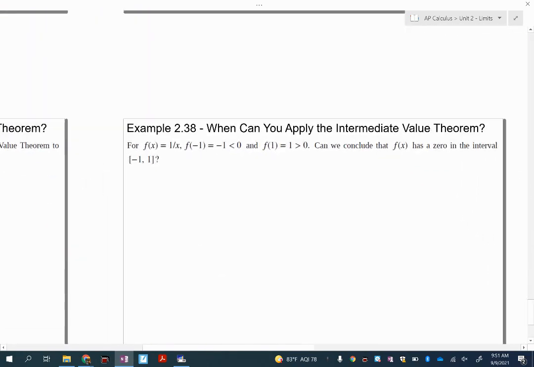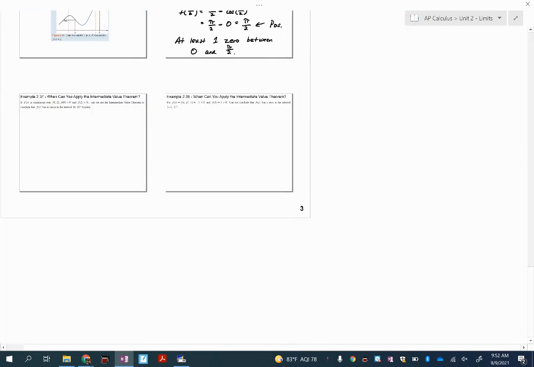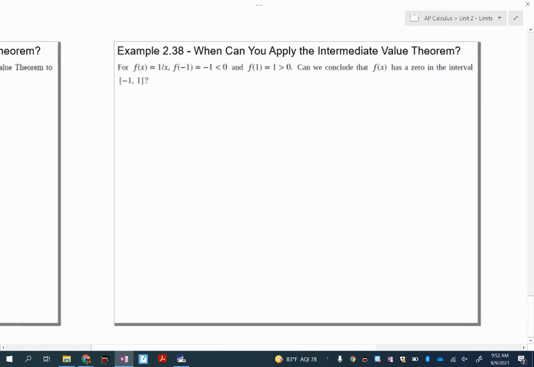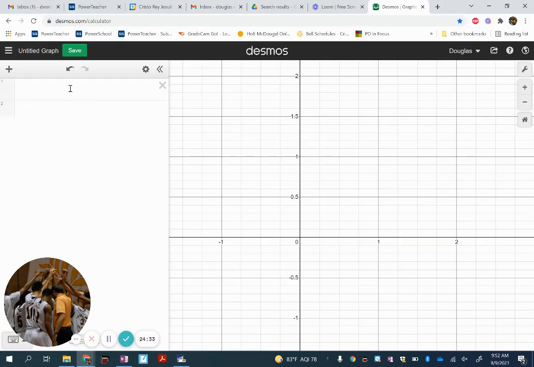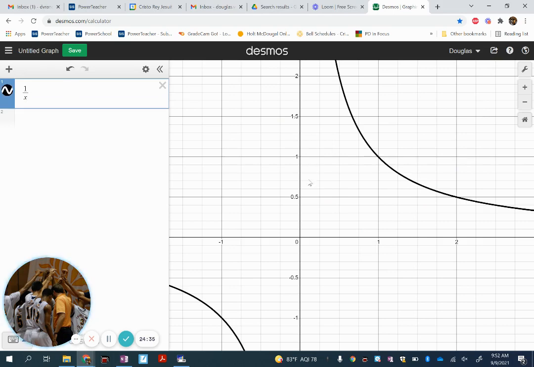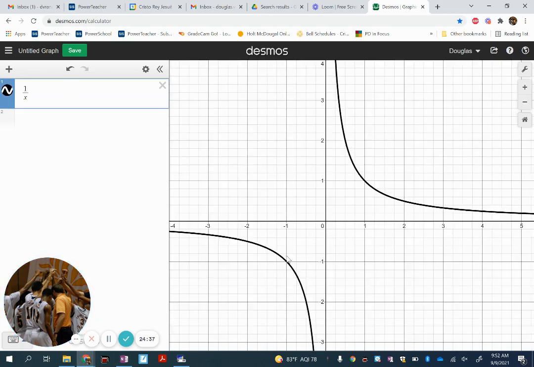So if I use Desmos to plot 1 over x and zoom out a little bit, remember, we're going from negative 1 to 1, so there are our points, negative 1, negative 1 and positive 1, 1. But if you look at the interval negative 1 to 1, it is not continuous.